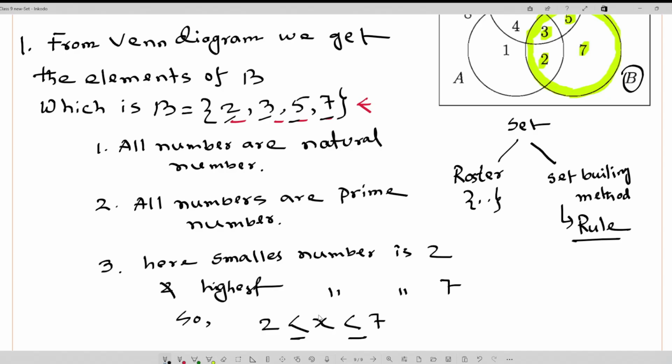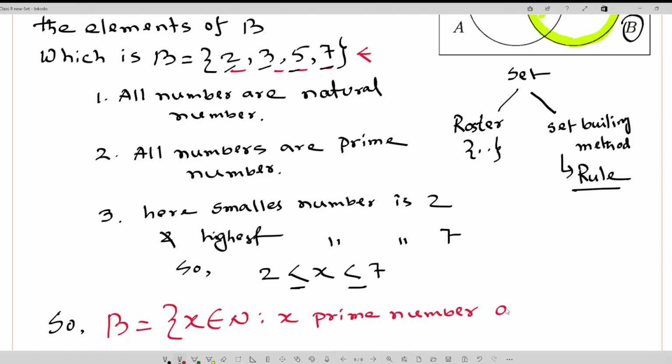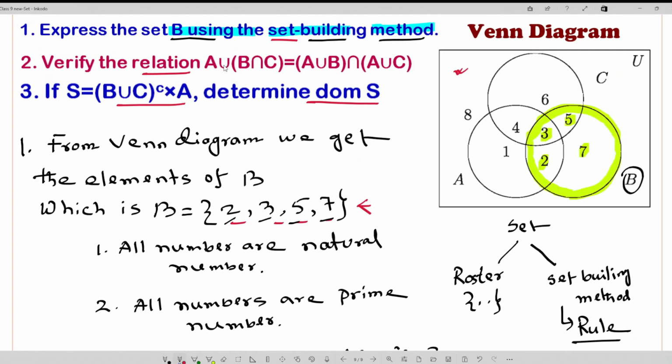So lots of things we get from here. Now B equals to x element of N such that x is a prime number and 2 less equal x less equal 7. Okay, done. First question done.